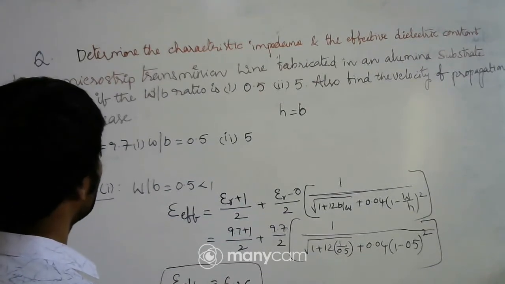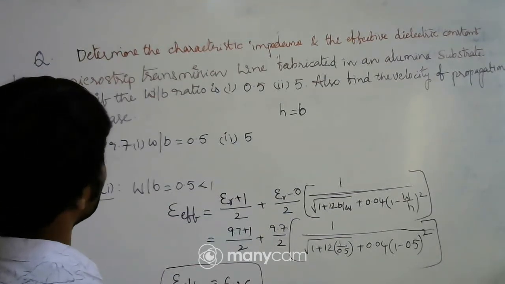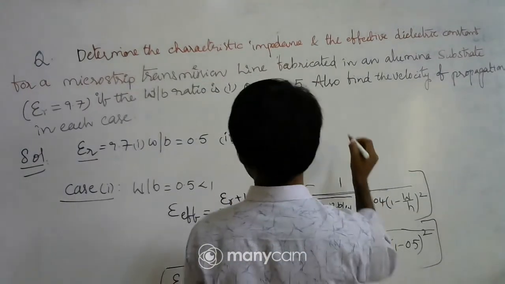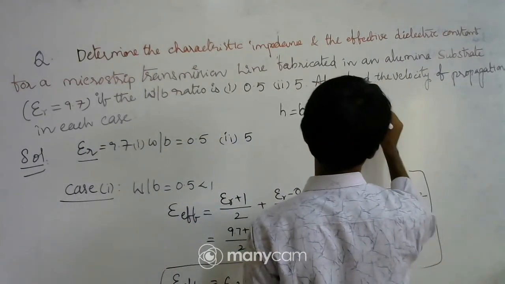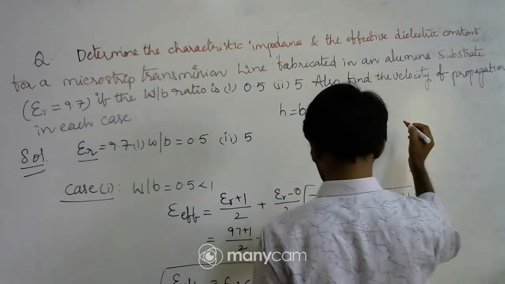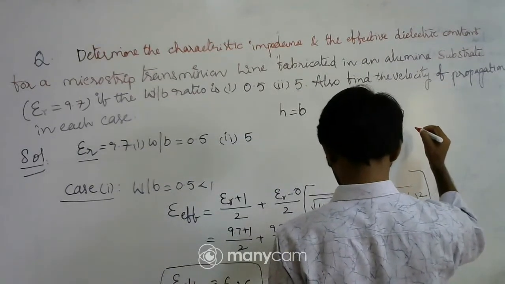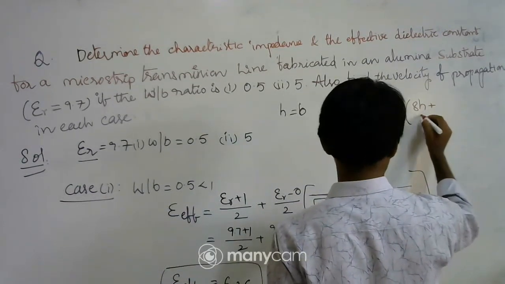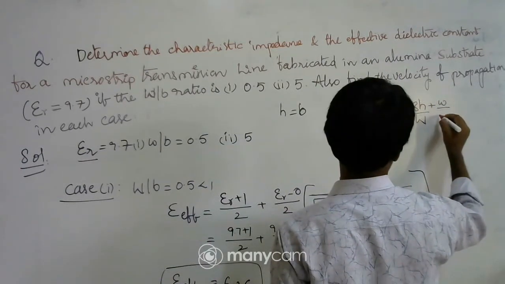Next, you need to find the characteristic impedance, Z0. What is the formula? It is 60 by square root epsilon r into logarithm of 8h by w plus w by 4h.